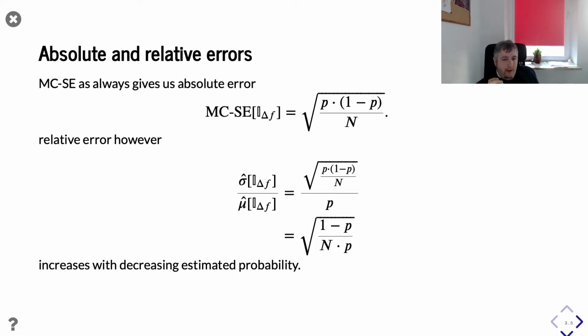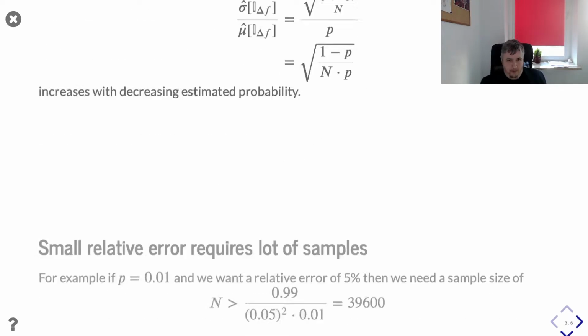If we are considering the probability of an unlikely event, the estimated probability will be low, so our relative error is inversely proportional to that value. So the smaller p is, the larger the relative error will be, unless we increase the number of samples.